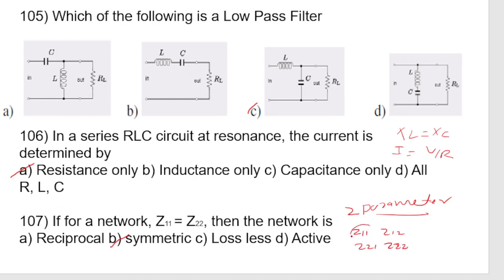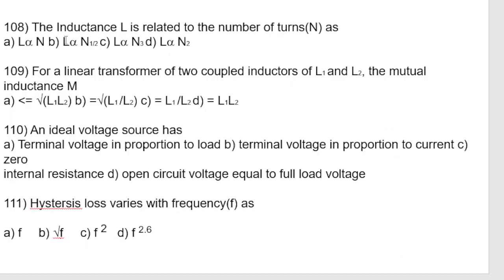So if Z11 equals Z22, then it is a symmetrical network. The inductance L is related to the number of turns as n square. Basically it is proportional to n square. Okay, D.